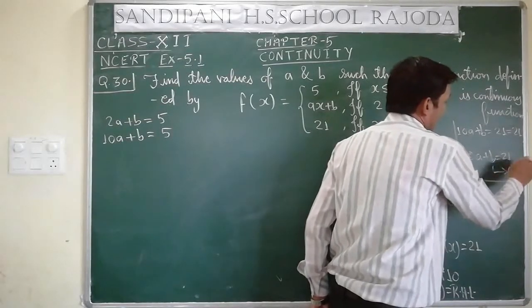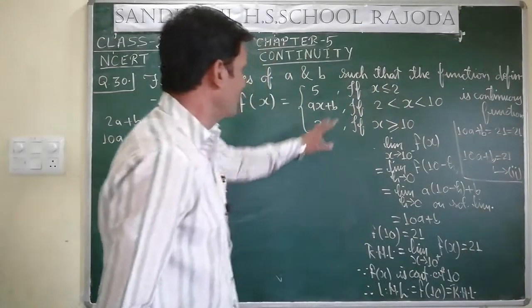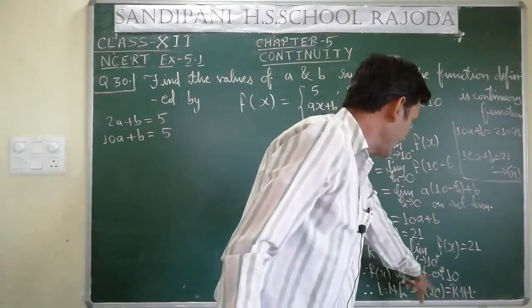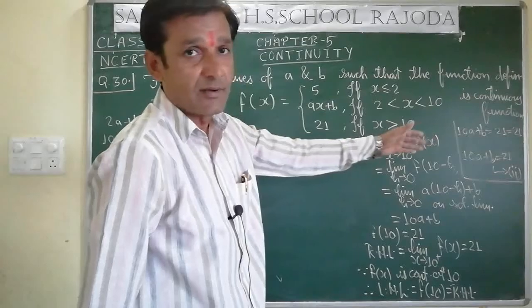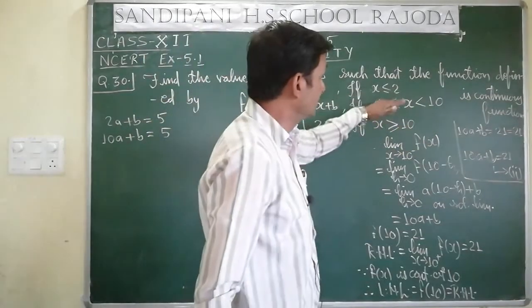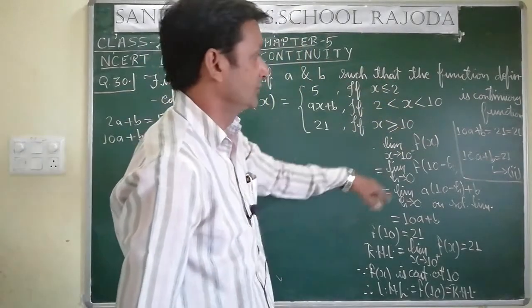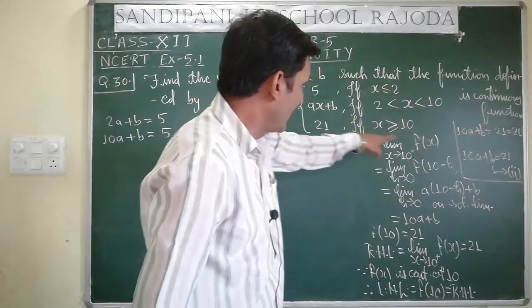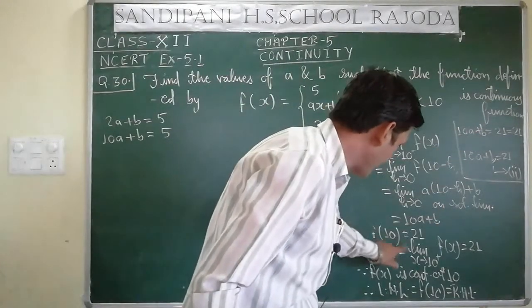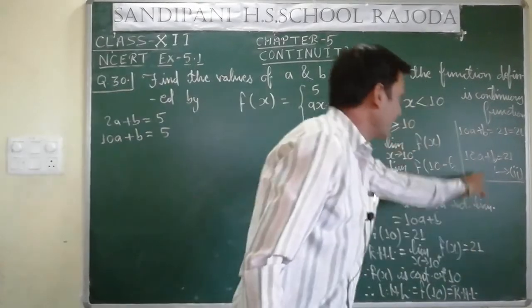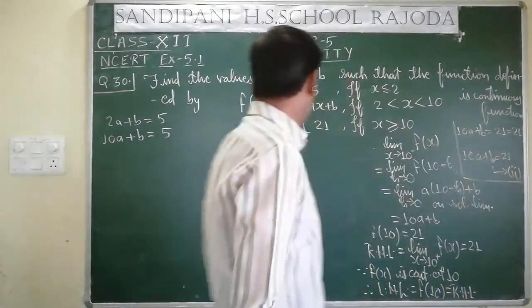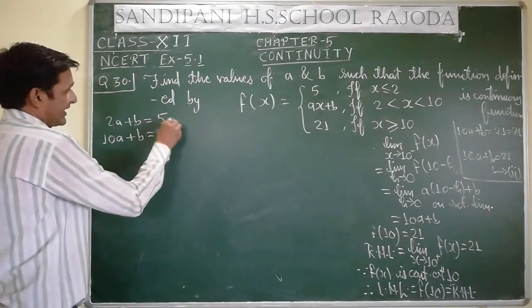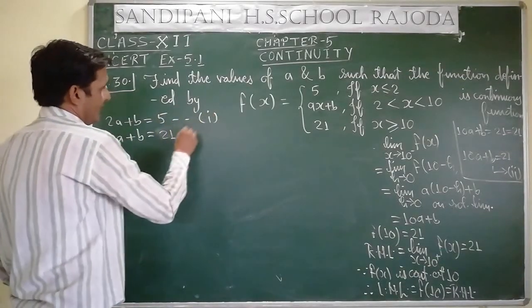So you may remember that both the points should not mix there. 10a plus b is equal to 21, you have to remember this, that 5 is for point 2. That was by mistake written 5. It is 21 actually. At 10a plus b we have discussed here f of 10 and RHL also 21. So 10a plus b is equal to 21 is our second equation. So this one is second and this one is first.